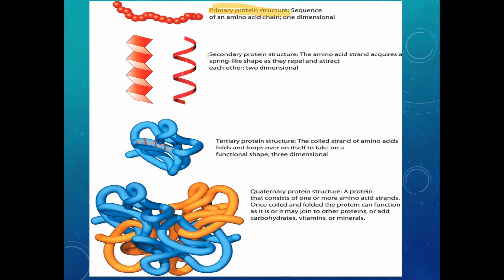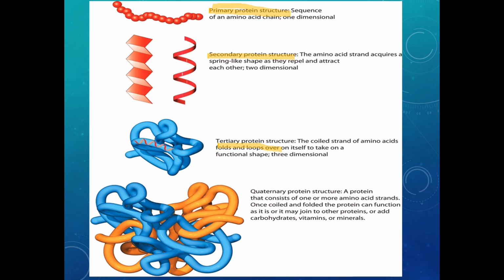Then the secondary protein structure, it's 2-dimensional, and it's, as you see, a spring-like shape, because some parts are repelling and some are attracting each other. Because if you remember, we have the amino groups, the positive ones, we have the carboxyl groups, negative ones.